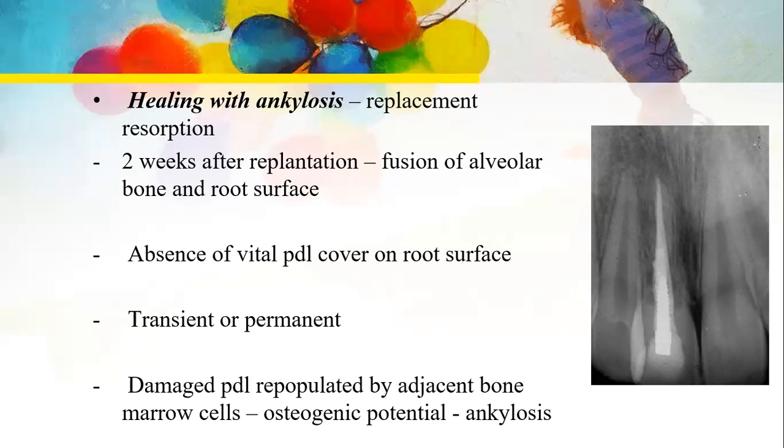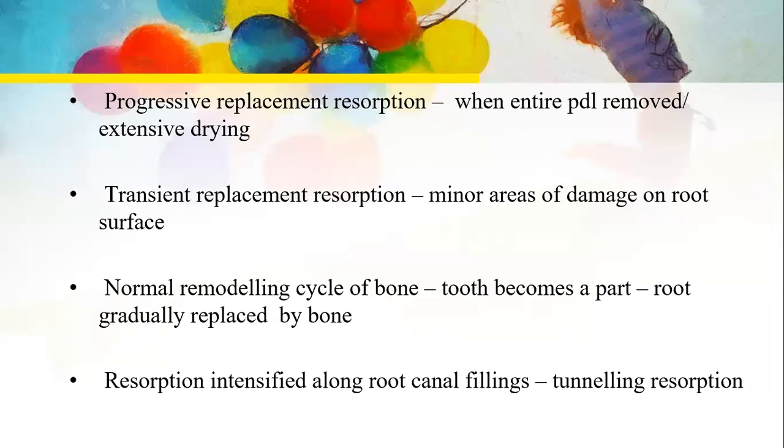The damaged PDL is repopulated by adjacent bone marrow cells, which have osteogenic potential, and this leads to ankylosis. There will be progressive replacement resorption. Once the resorption starts, the tooth is replaced by bone forming cells.